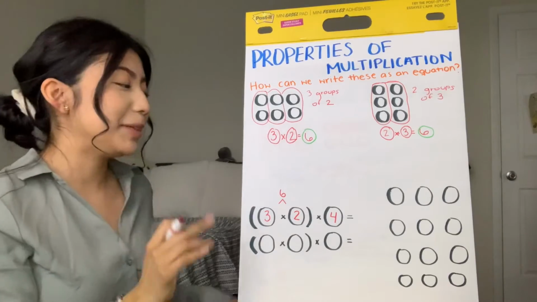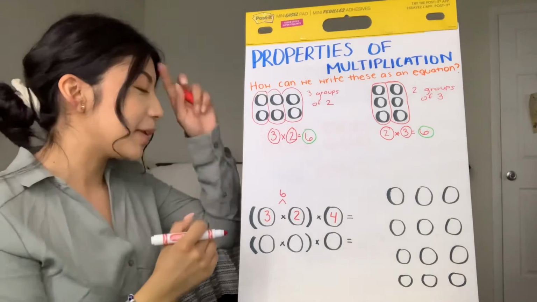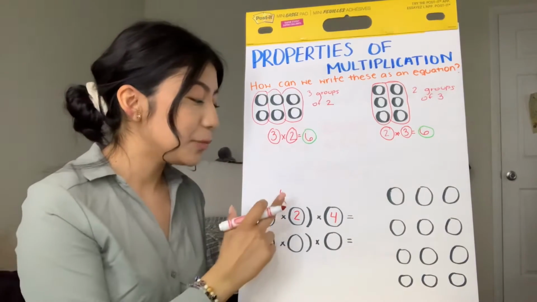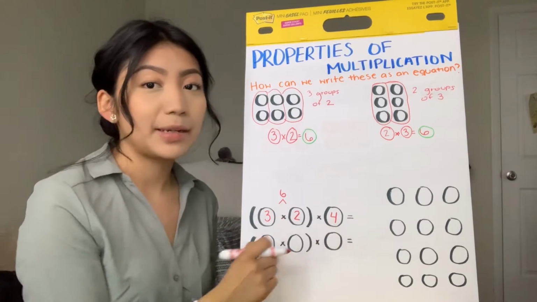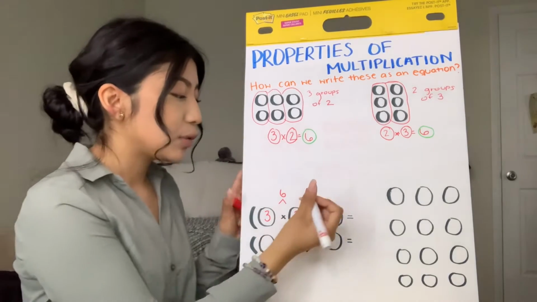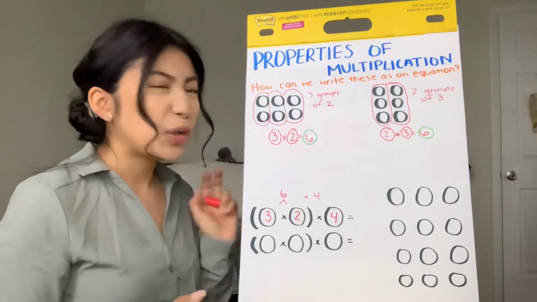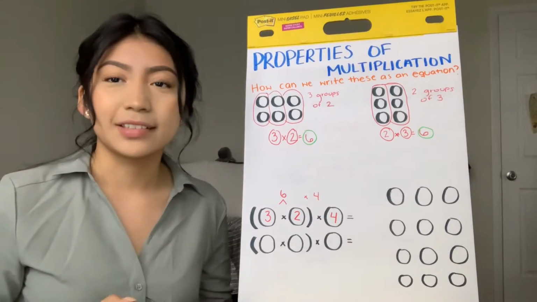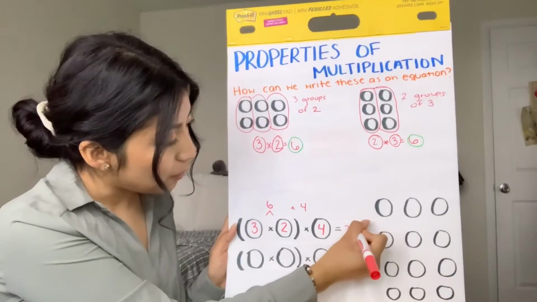Thank you for correcting me, because sometimes teachers make mistakes too, and that's okay. All right, so now we have 3 times 2 is 6. Now we're going to go to the next number outside the parentheses. So we're going to do 6 times 4. So who knows what 6 times 4 is? Yes, good job. It's 24.